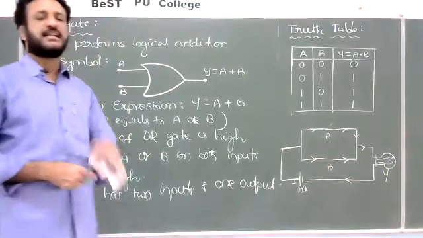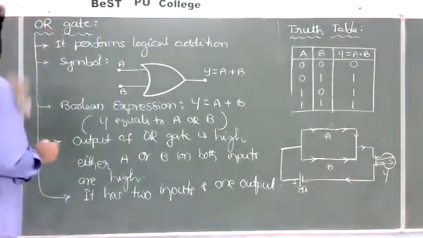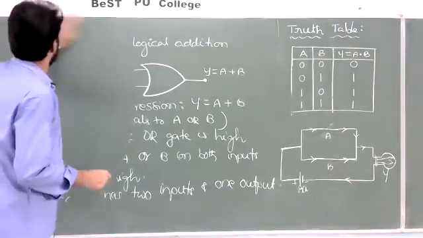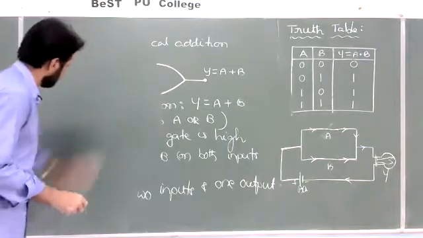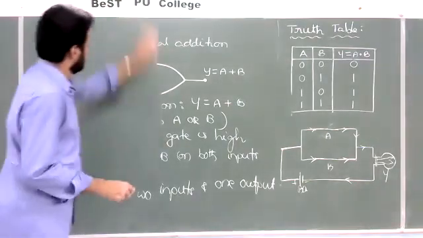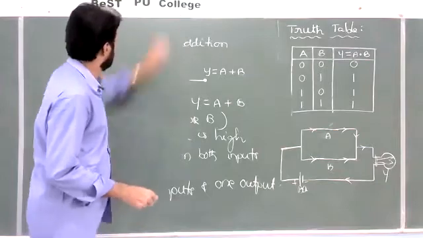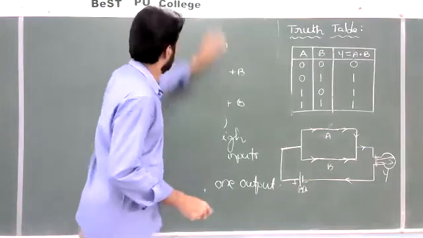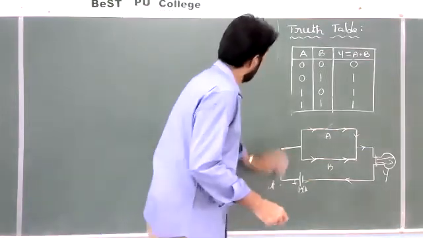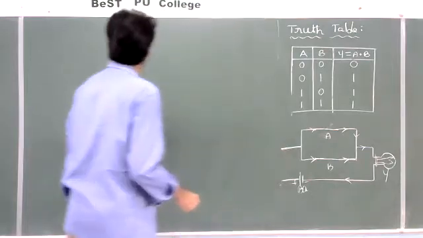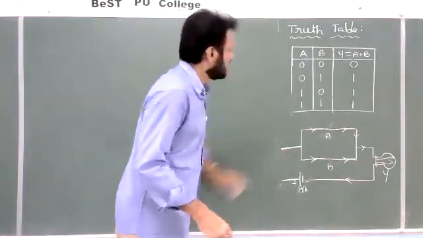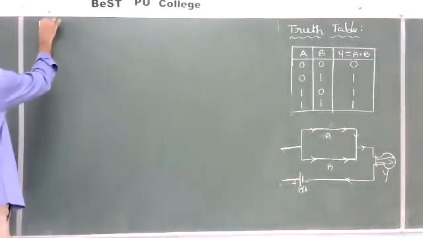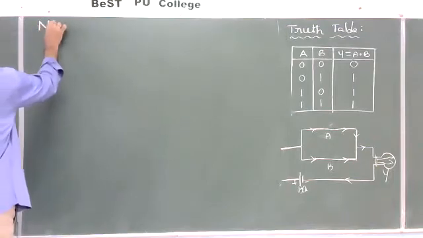Now the third logic gate, the NOT gate. Generally the NOT gate performs logical inversion or logical complementation.